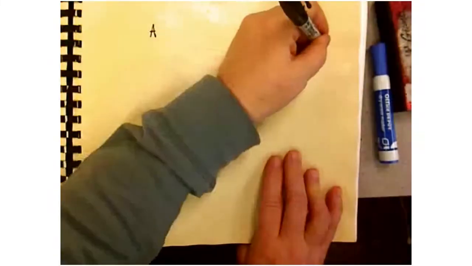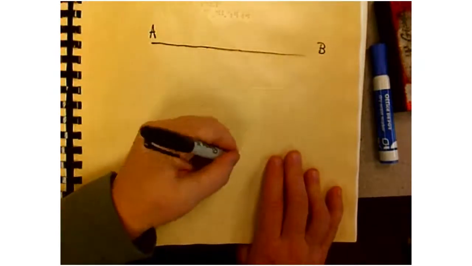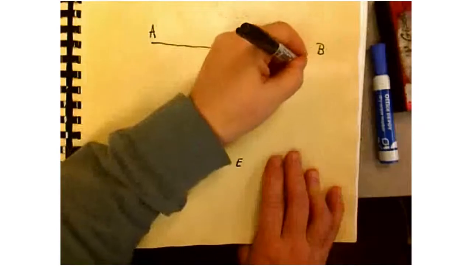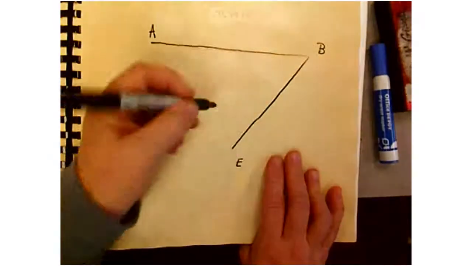So we take a look at the next drawing on the next page, H 395. You've got an inverted triangle. A is the top left, B is the top right, and then E is the very bottom. So there's the outside of your big triangle.